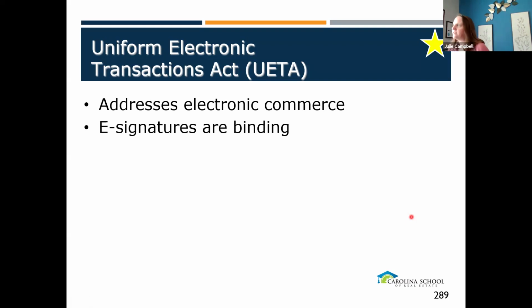And one thing that the UETA does, it addresses all e-commerce, e-documents, e-everything. But specifically, what the UETA says is that once you agree to allow your e-signature, then that counts as your legally binding signature.